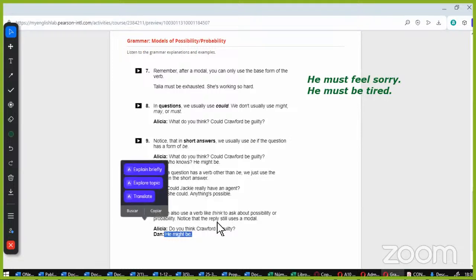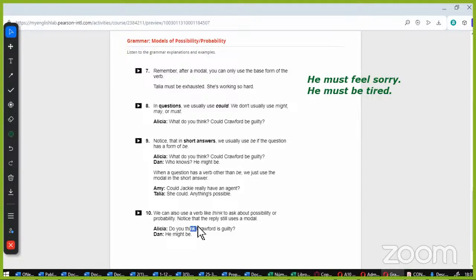Do you think he did this, or do you think he is guilty, or do you think he called you? He might be guilty. So here, think is the verb that we use to link this do you think to ask about a probability or possibility.